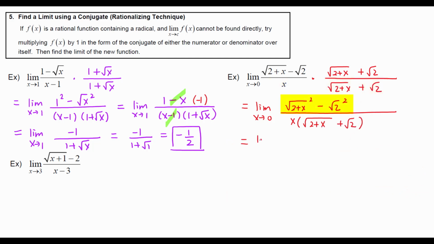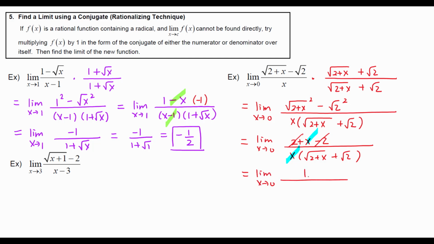And when you square them, you get 2 plus x minus 2 over x times radical 2 plus x plus radical 2. So then the 2 minus 2 is gone, and I have x over x. So x over x is a common factor, so you can also cancel them, and you will have a factor 1 on the top. So now this function finally becomes 1 over radical 2 plus x plus radical 2.